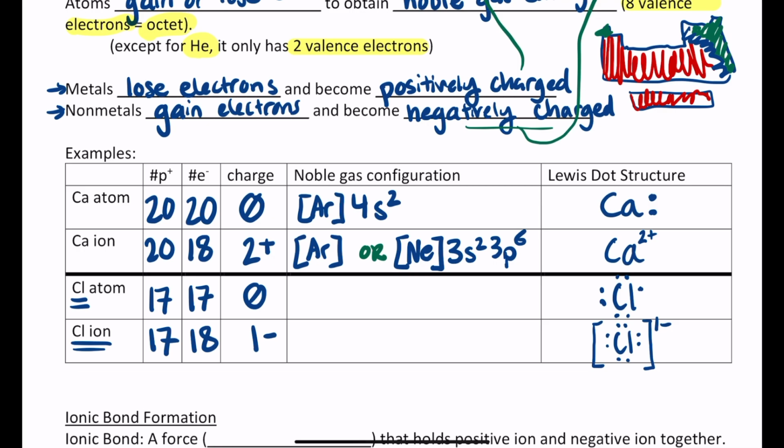So in this respect, we can also look at everything in the highest electron shell or energy level. And we see that in shell number 3, we have 2 electrons and we have 6 electrons. We have 8 total valence electrons. We're not going to draw that in the Lewis dot structure for cations, but just know that this is a full satisfied octet, and that means that the calcium 2+ ion is in a very stable and happy state.